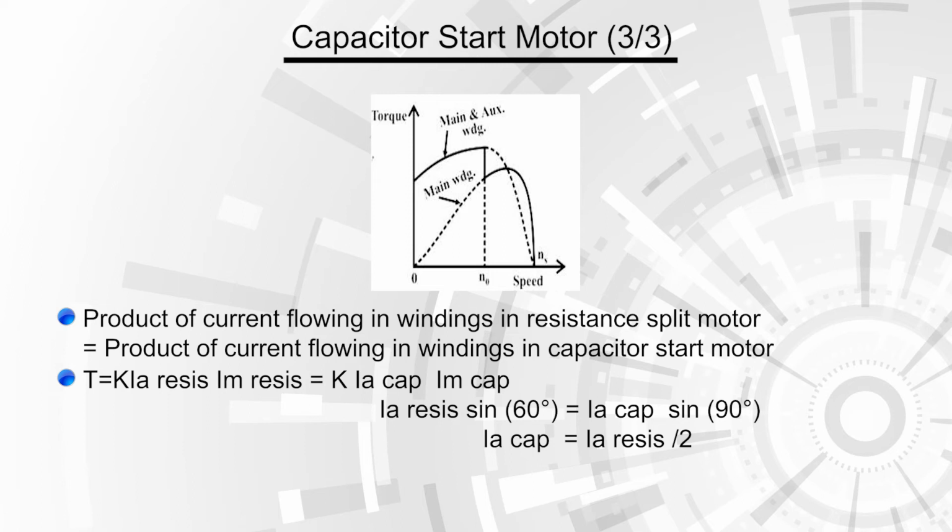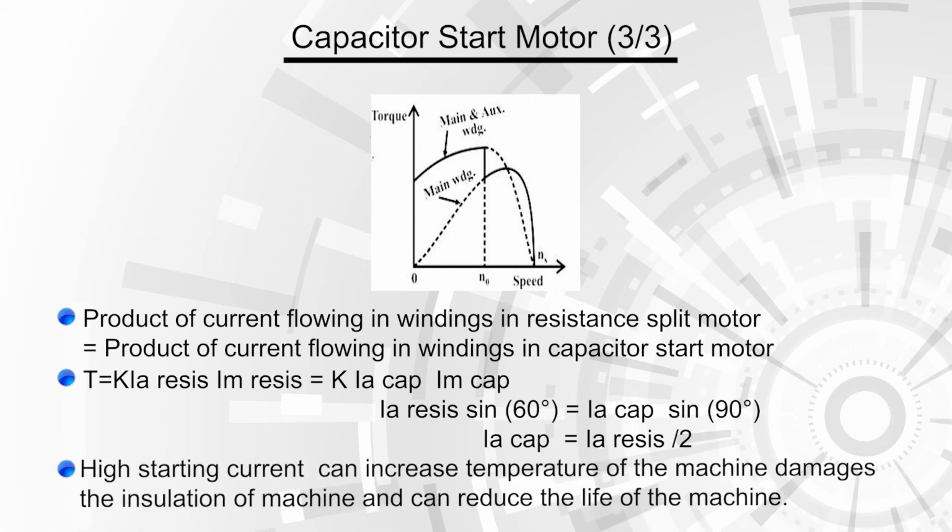That means the starting current is now low. A high starting current can increase the temperature of a machine, which damages the insulation and reduces the life of the machine. That is why it is a very positive point of this motor that it has a high full load torque and low starting current.